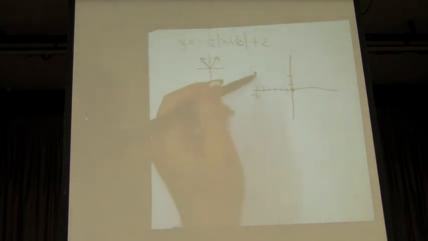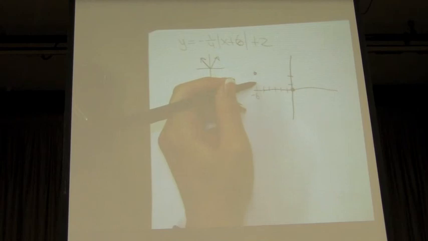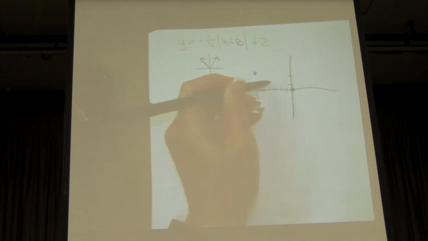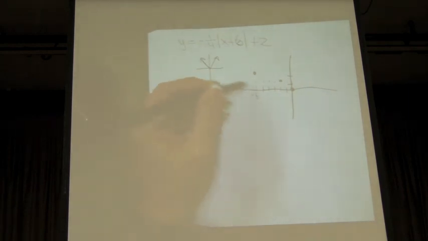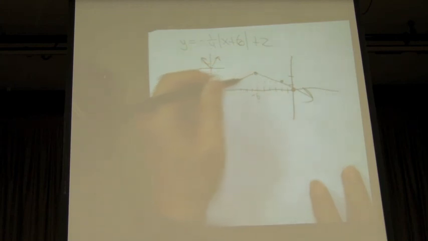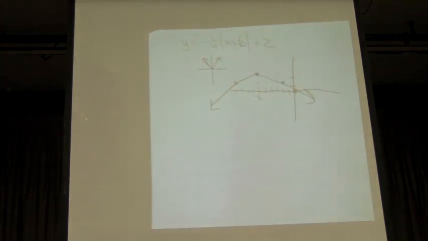So from this point, we're going to fall 1 and run 4 to the right. 1, 2, 3, 4. And we're going to fall 1 and run 4 to the left. 1, 2, 3, 4. Okay, so that's basically our graph.